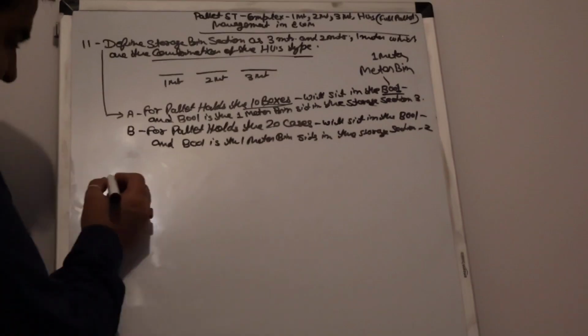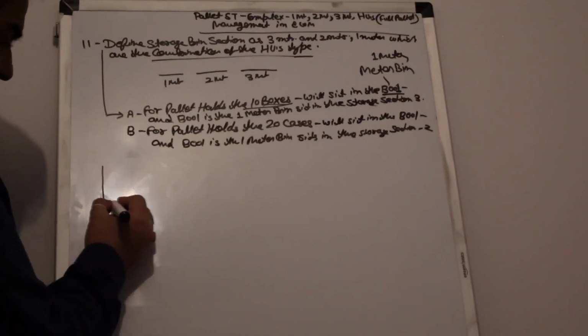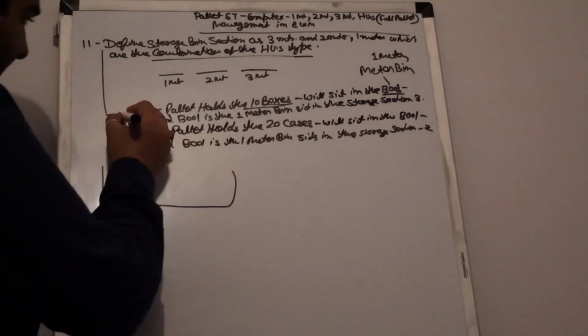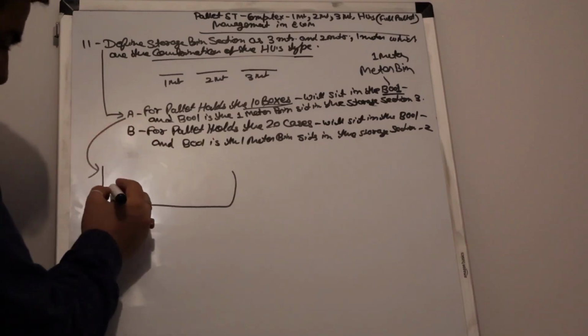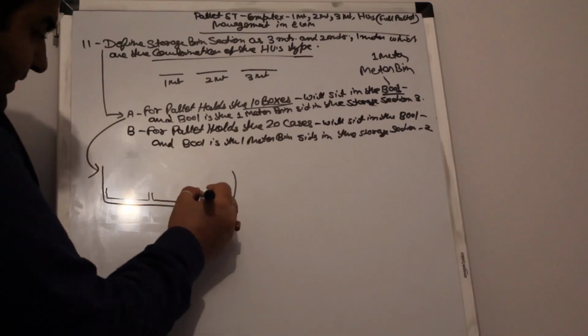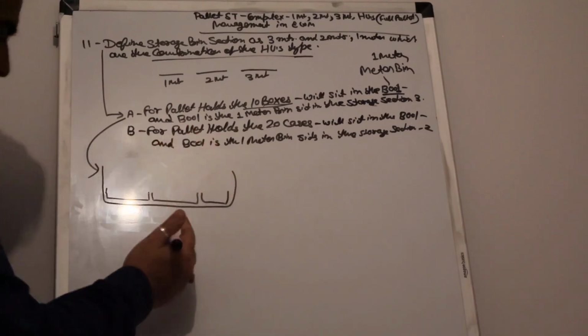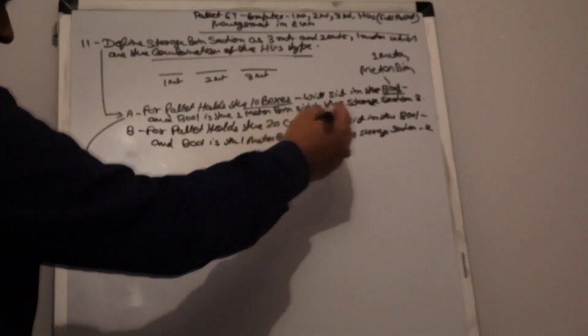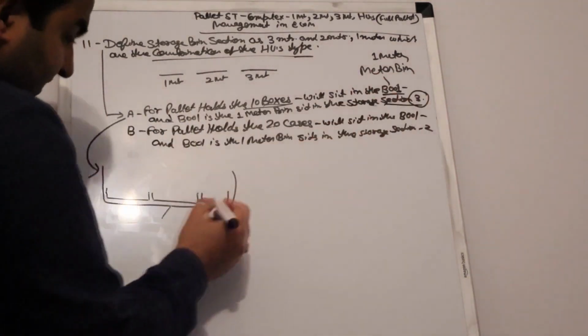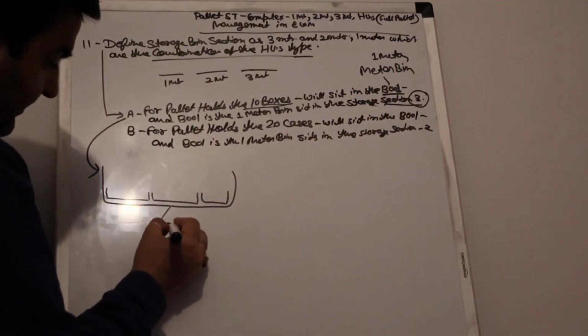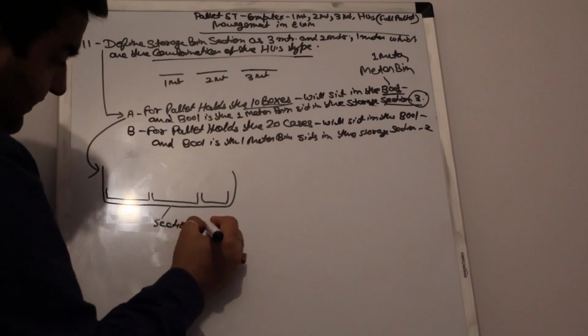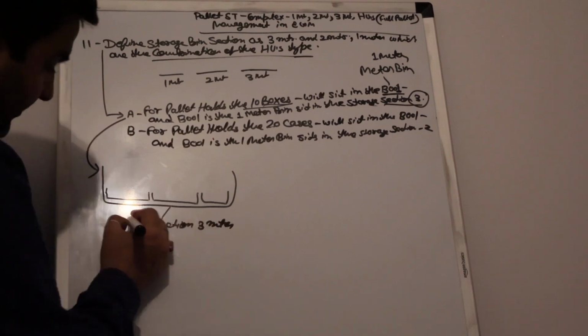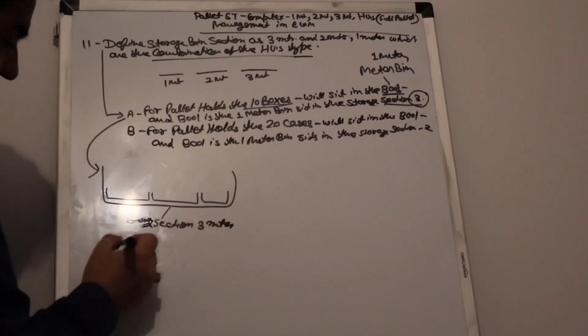So first what I did, actually I define one storage section in the point A. In this storage section I define the 1 meter 3 bin I want to put, and this storage section I gave 3 meter section, storage section 3 meter.